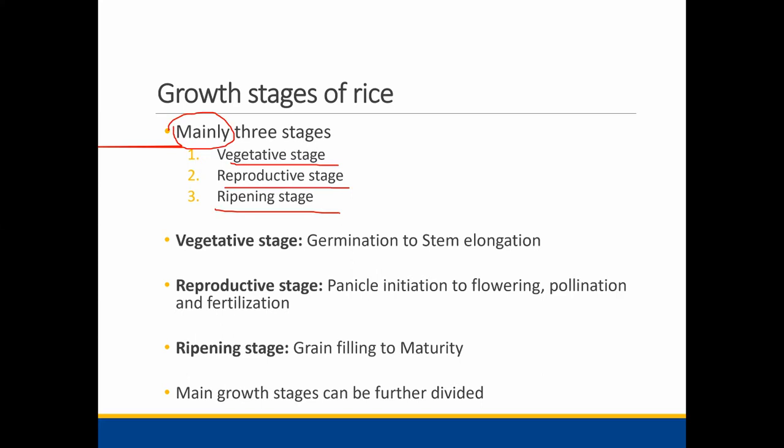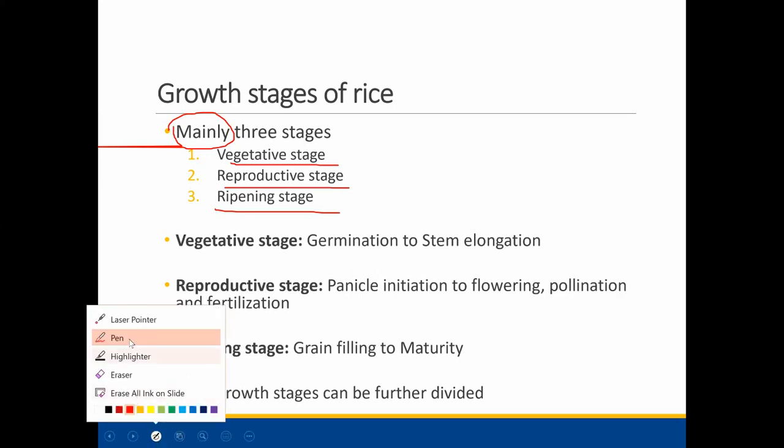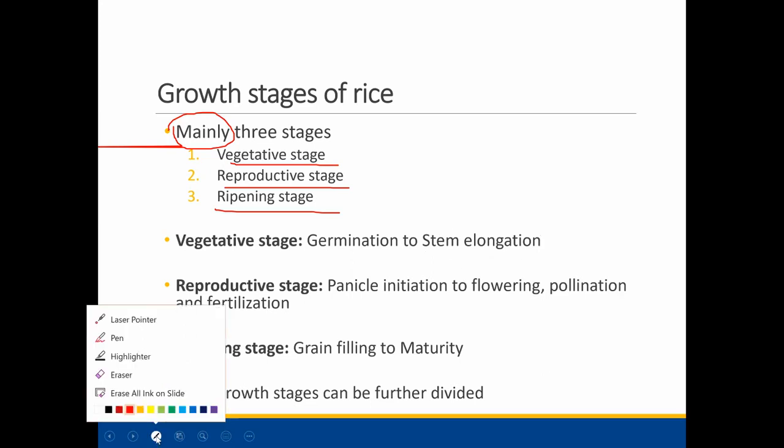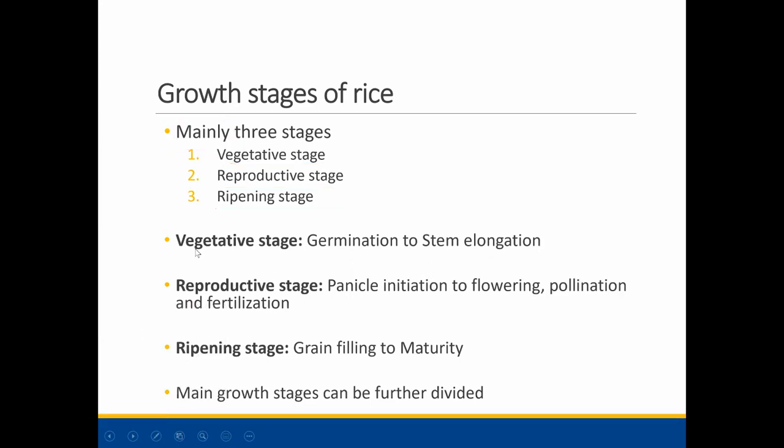The vegetative stage is the period from germination to stem elongation. We'll study what stem elongation is when we come to that particular growth stage in detail. Then the reproductive stage is from panicle initiation to flowering, pollination, and fertilization.